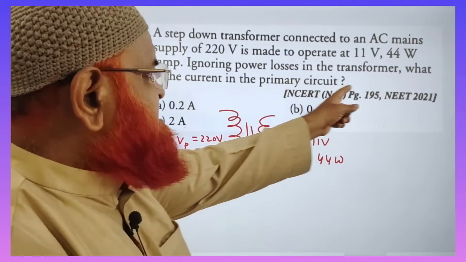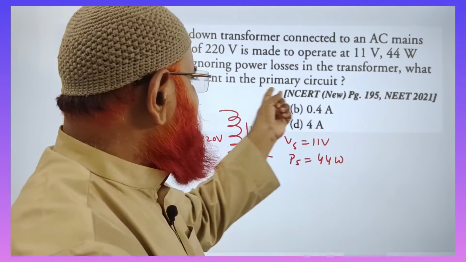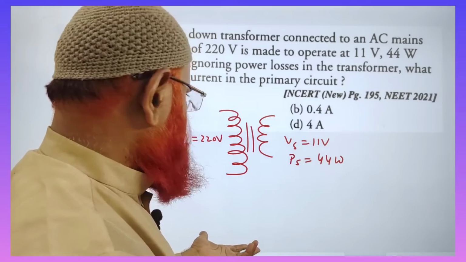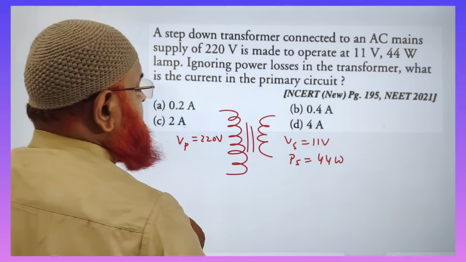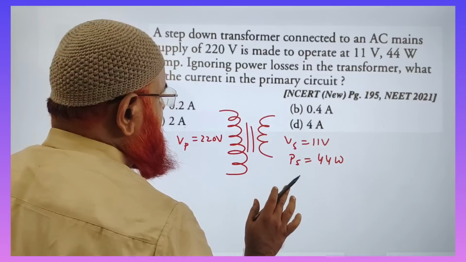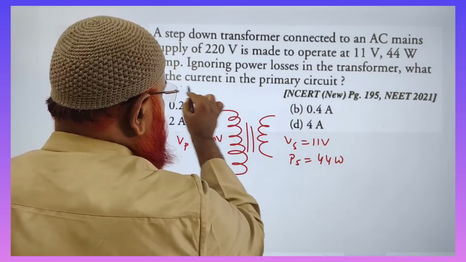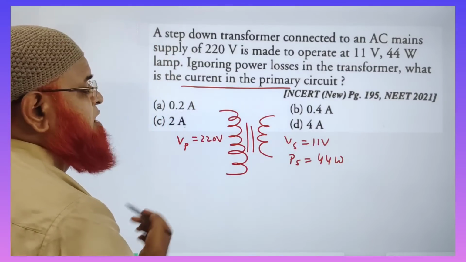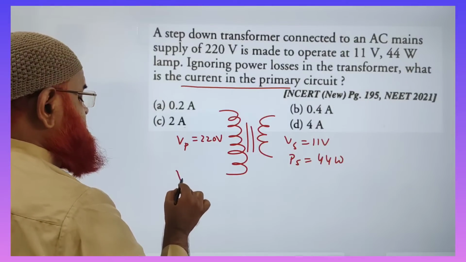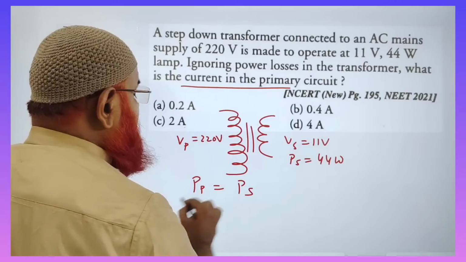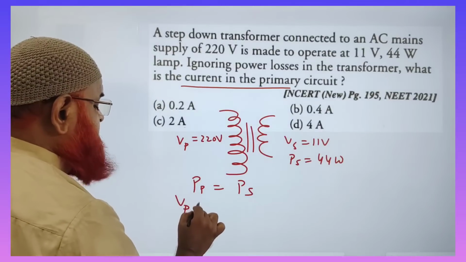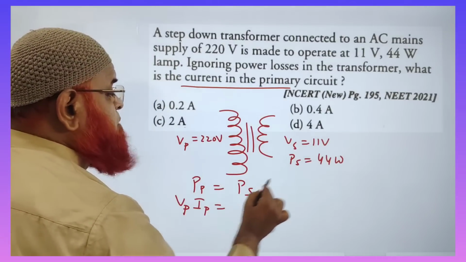Ignoring power loss in the transformer, what is the current in the primary circuit? So here also power is given directly. Given or not? Yes. It is asking us to find the current in the primary. What are we going to do? See, power at the primary is equal to power at the secondary. Voltage at the primary times current at the primary is equal to power at the secondary.